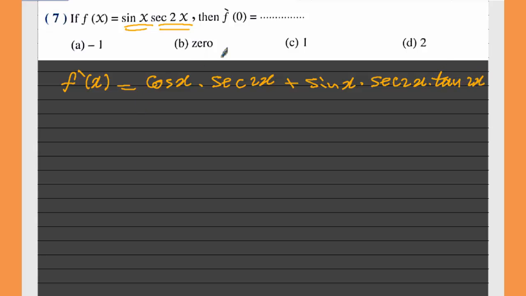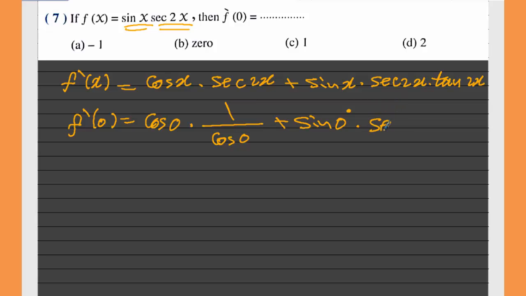Putting x equals 0 here, f dash of 0 equals cosine 0 dot sec 2 multiply 0, sec 0, it is 1 over cosine 0, plus sine 0, 0 degrees of course, dot sec 0 tan 0, because 2 multiply 0 equals 0 and 2 multiply 0 equals 0.